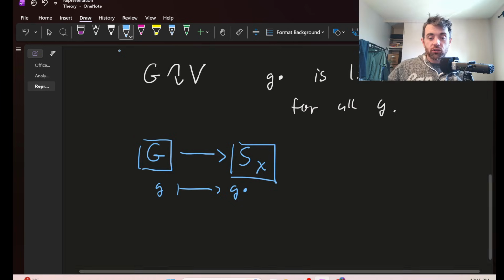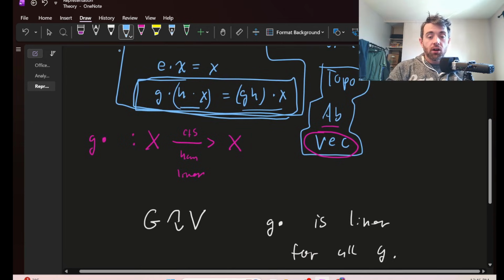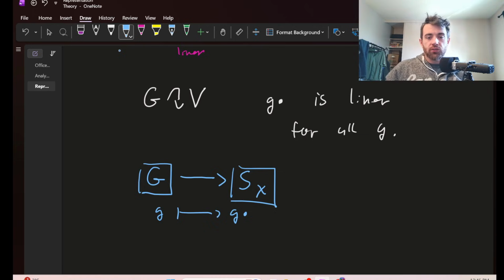of all bijections. And so naturally, you might consider that in other cases, right, the group S_X, the set of all bijections of a set, is really the set of all automorphisms, we might say, of the set, right? All the structure preserving maps of the set.